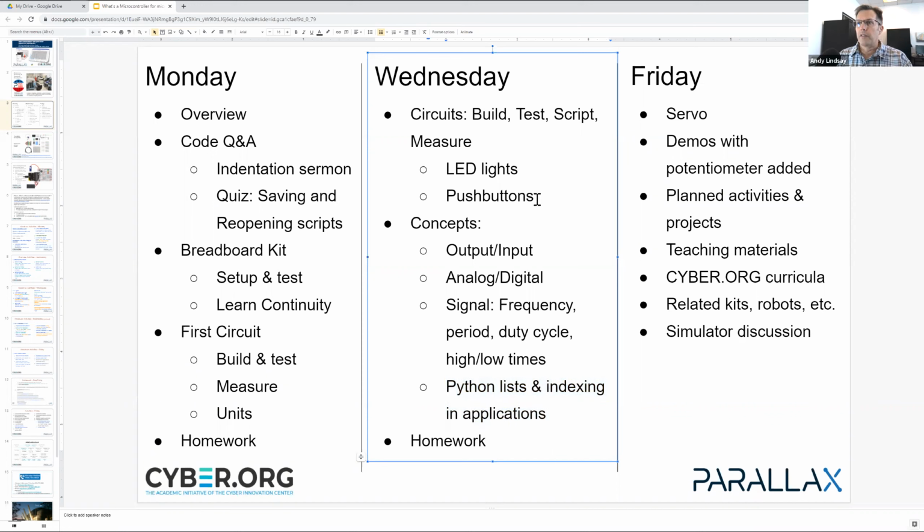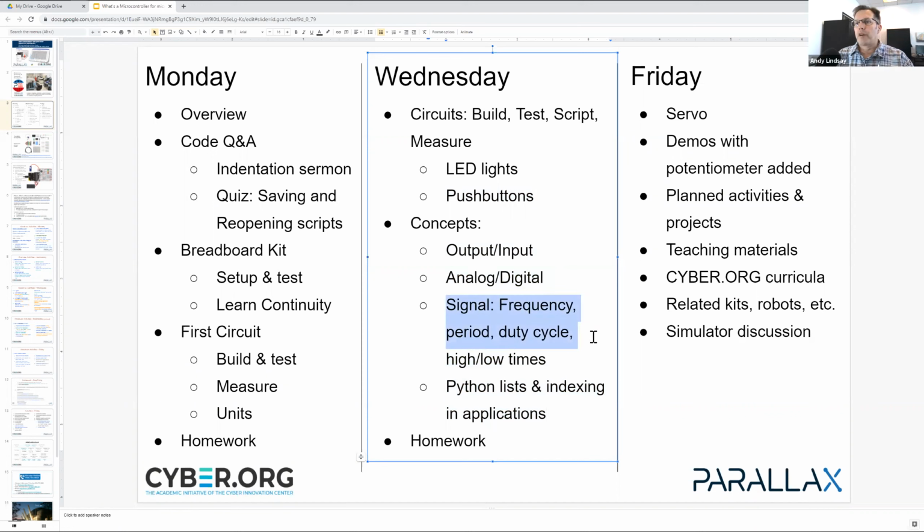And then for the push buttons, they are our digital, or rather binary, input, and we'll end up combining those with things like signal frequency.